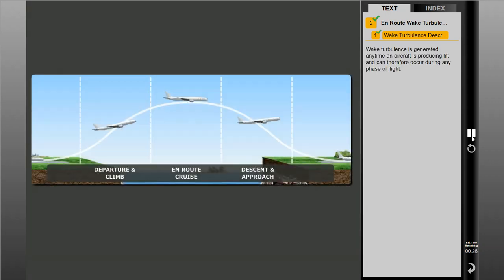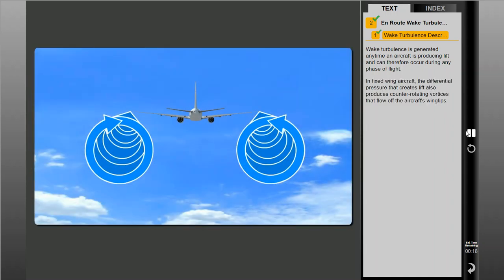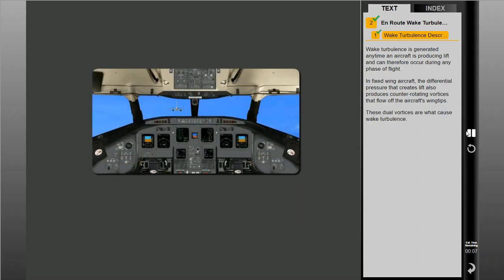Wake turbulence is generated any time an aircraft is producing lift and can therefore occur during any phase of flight. In fixed-wing aircraft, the differential pressure that creates lift also produces counter-rotating vortices that flow off the aircraft's wingtips. These dual vortices are what cause wake turbulence.